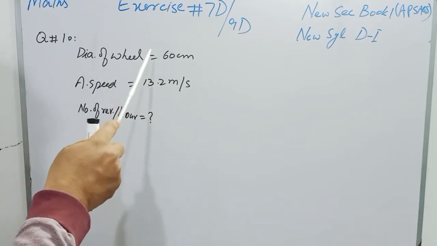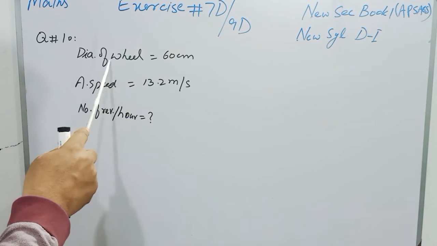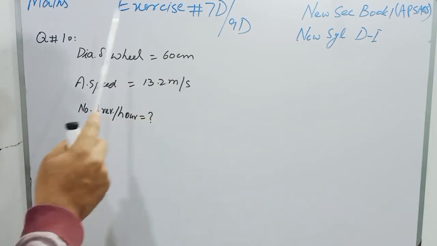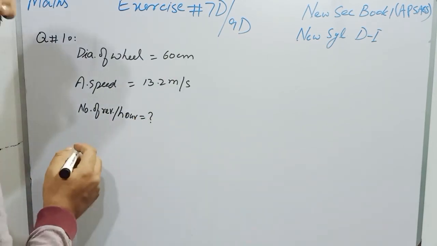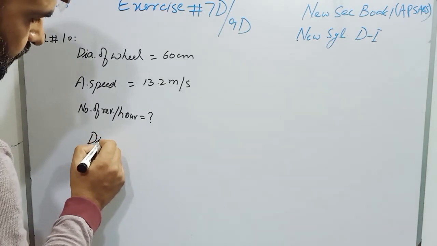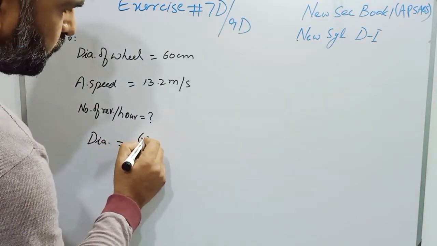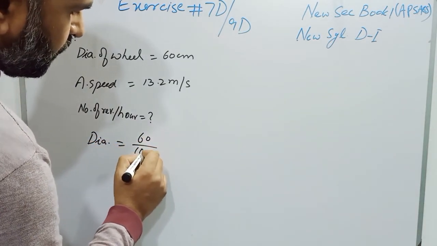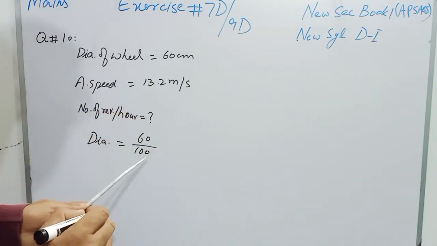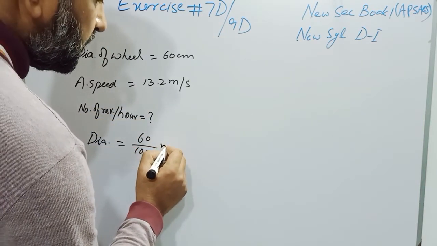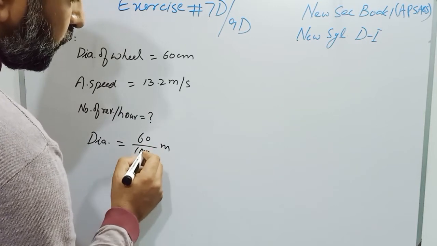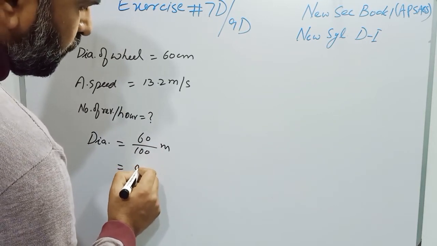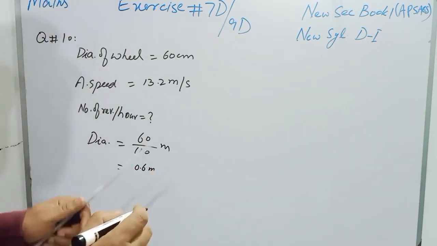So first I will convert the diameter of the wheel into meter. Diameter is equal to 60 over 100. When we divide centimeter by 100, then these centimeters will be converted into meter. So it will become 0.6 meter, the diameter.